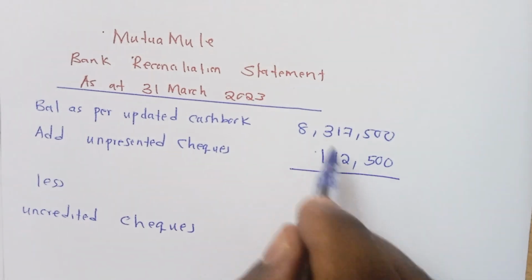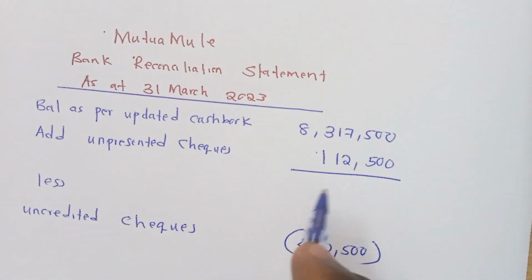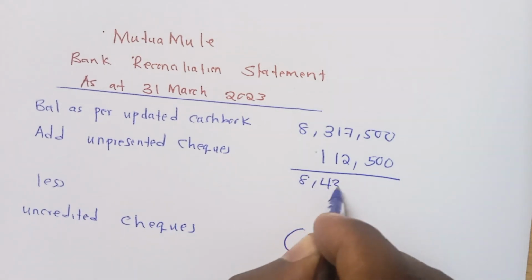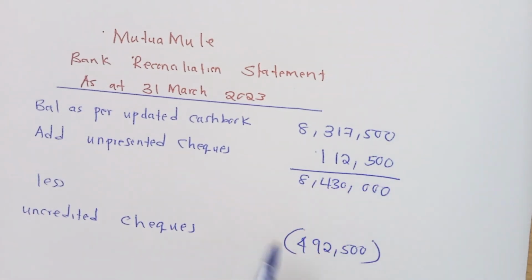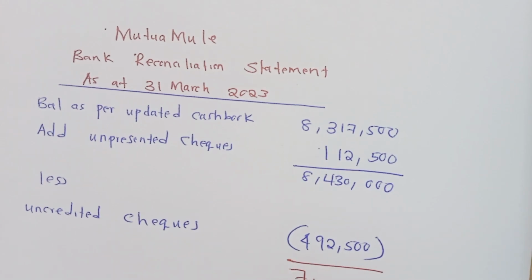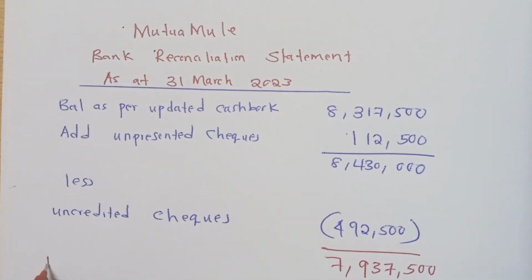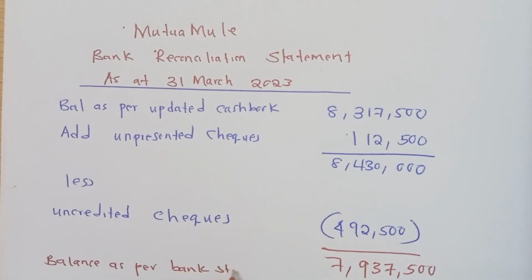The total of the first two is 8,430,000. If you take 8,430,000 minus 492,500 shillings, it gives you 7,937,500. This is what we call balance as per bank statement.